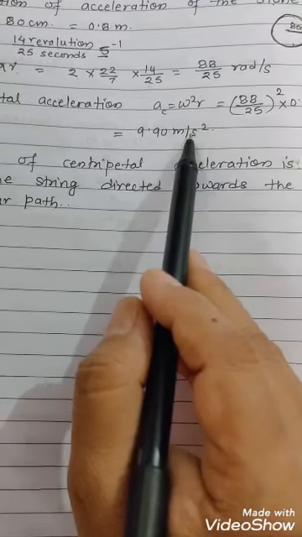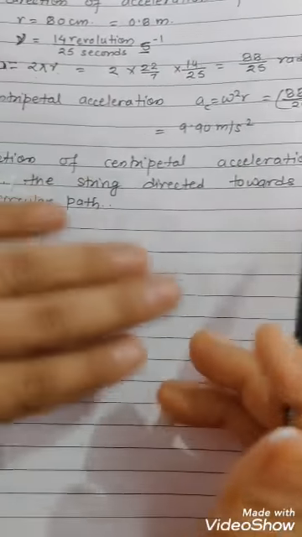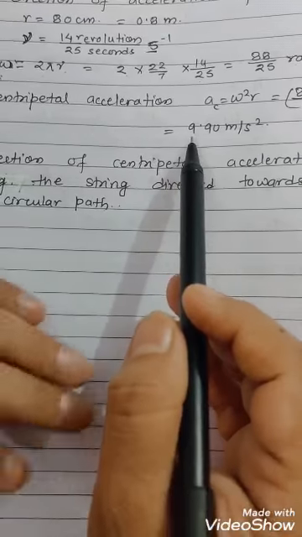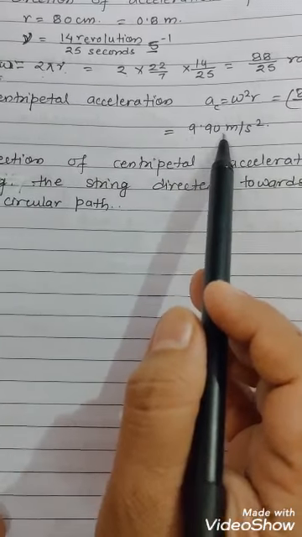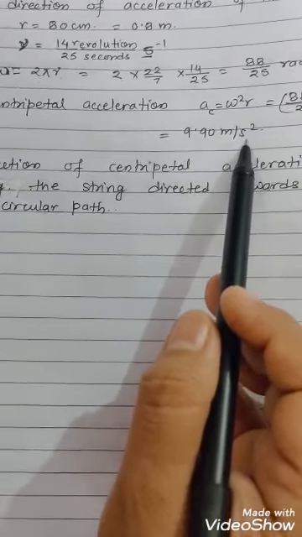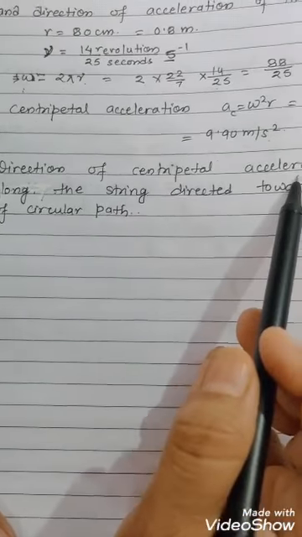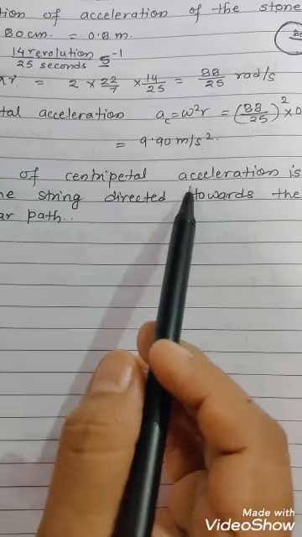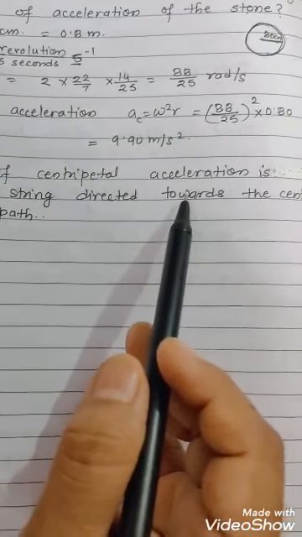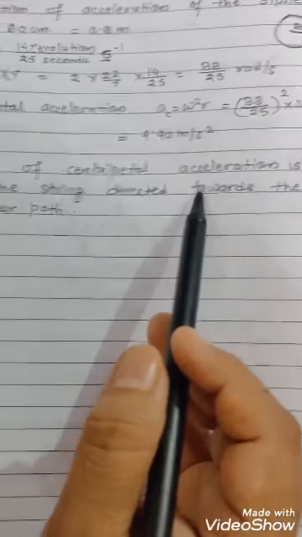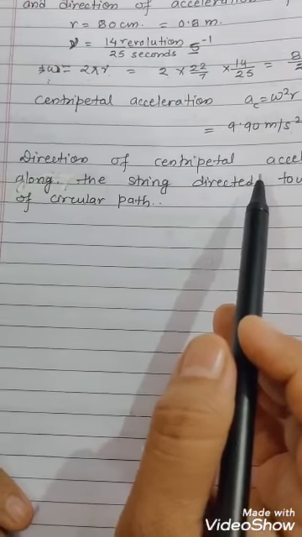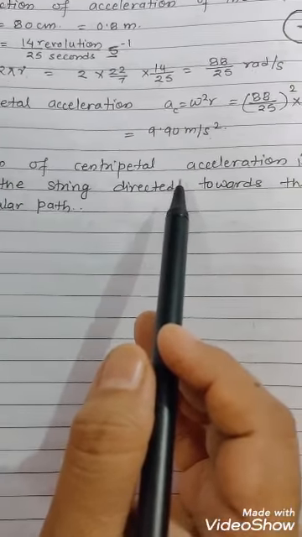So what we can say in this case? The centripetal acceleration is 9.90 meter per second square, and we already know that the direction of centripetal acceleration is always along the string, directed toward the center of the circular path. Okay, so this is about the exercise question 4.17.